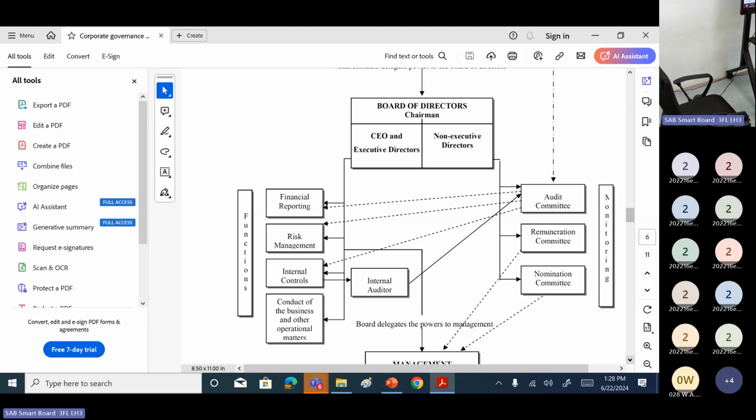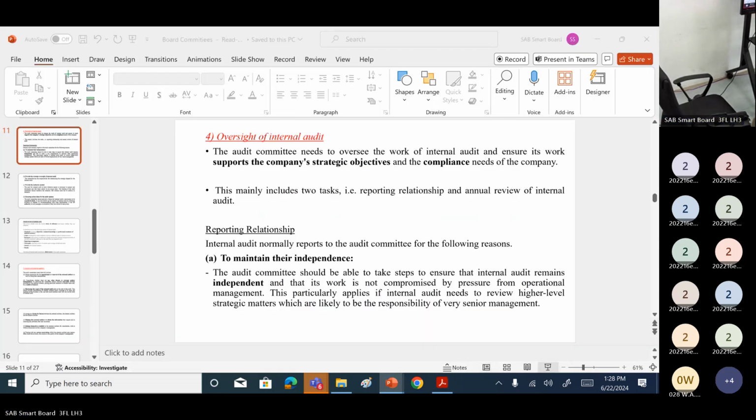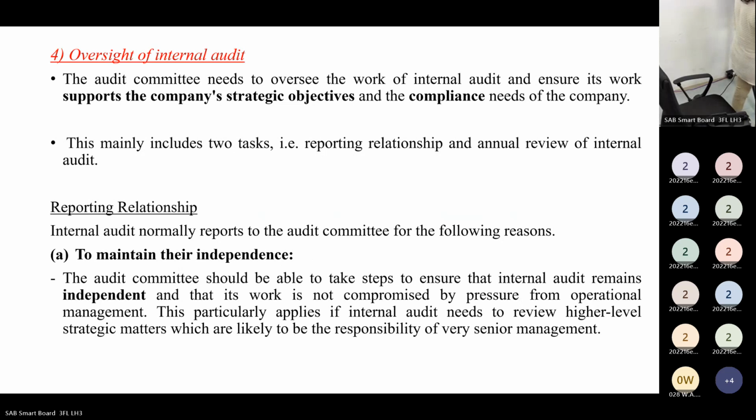Now we are going to look at how the internal audit function is connected to the audit committee. How is the supervision done? In this, it says the audit committee needs to oversee the work of internal audit and ensure its work supports the company's strategic objectives and compliances. Whatever internal audit we have, that function should support company strategy.